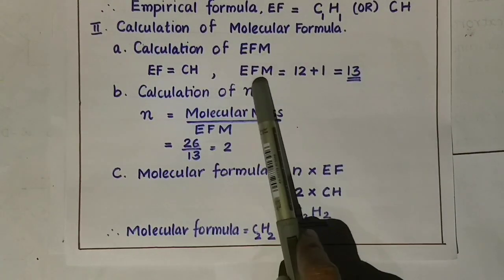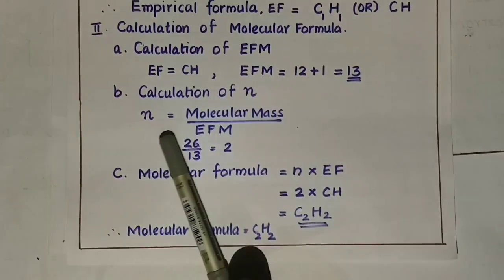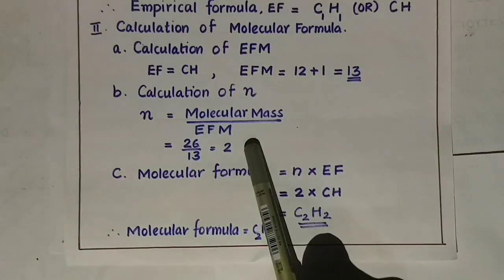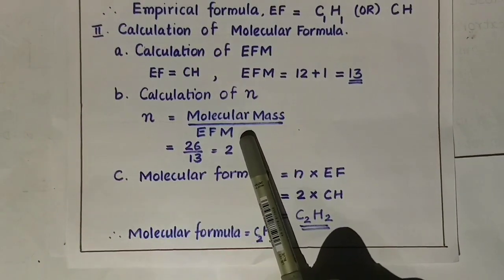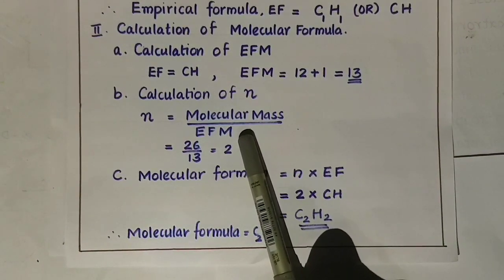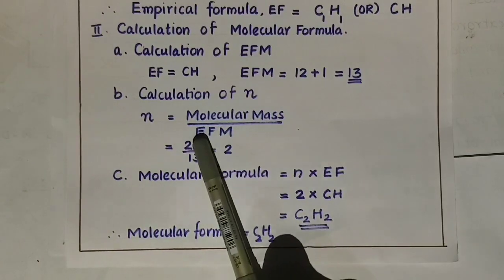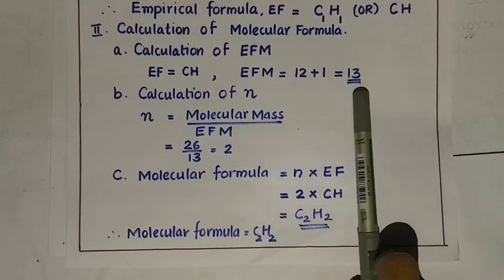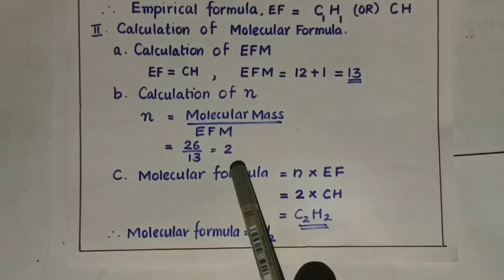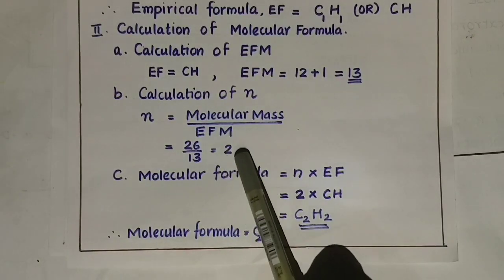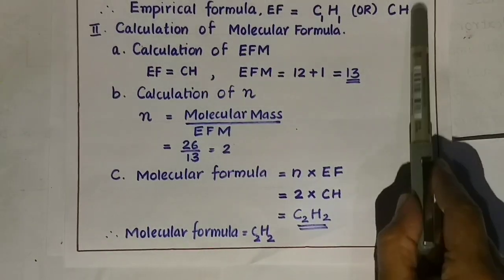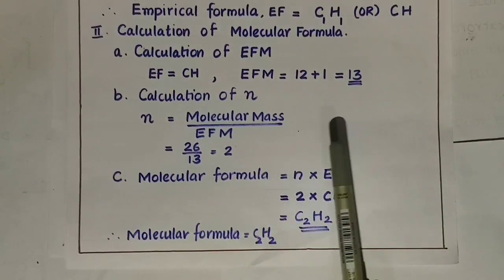Next step, calculation of n, the small letter n. n is equal to molecular mass divided by empirical formula mass. The molecular mass is given in the problem, that is 26. 26 divided by the empirical formula mass 13, then we get 2. This number is multiplied by the empirical formula, then we get the molecular formula.